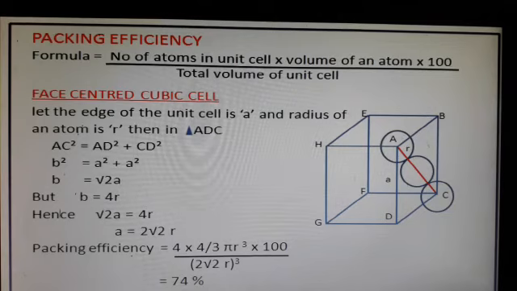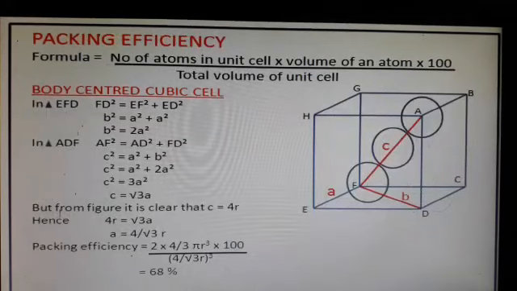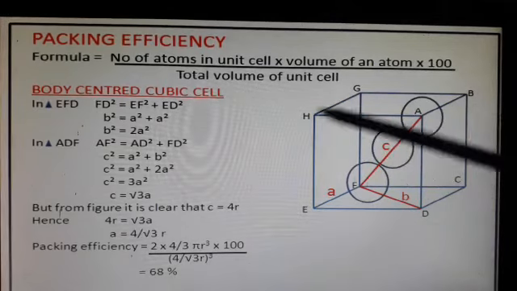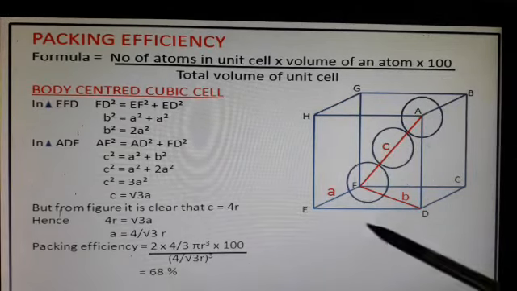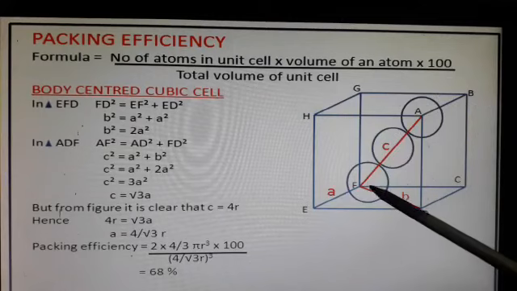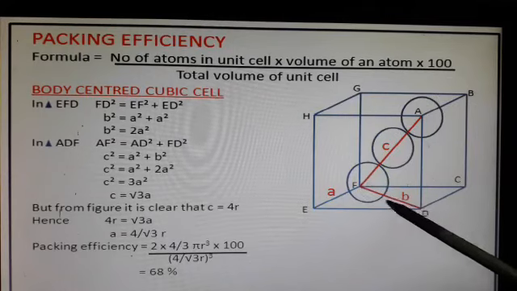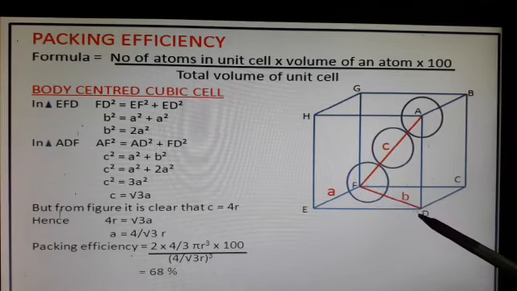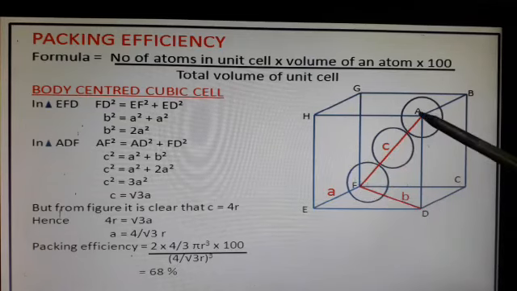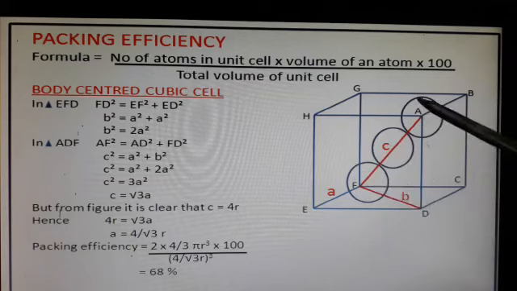Now let's see packing efficiency in body-centered cell. Before we start calculation, first understand this figure. Here this is a cube. In this cube, join the diagonals F and D. It's a square diagonal, okay? And join F and A. This is a cube diagonal.